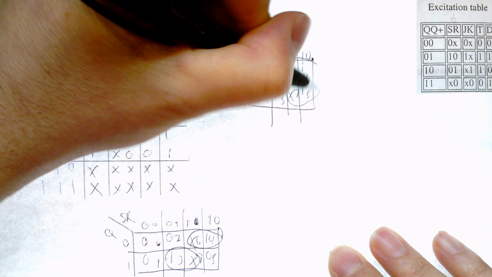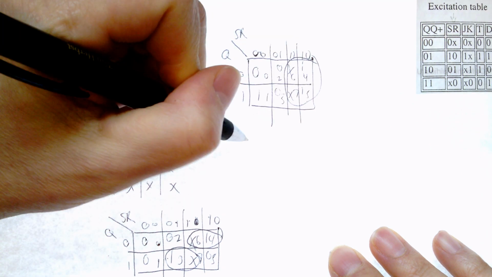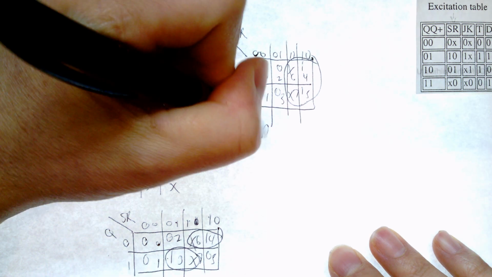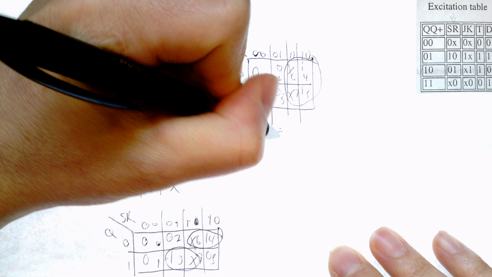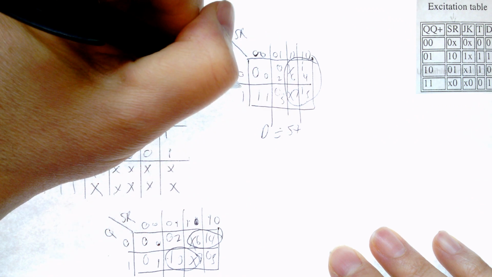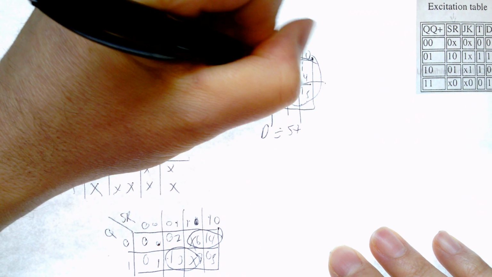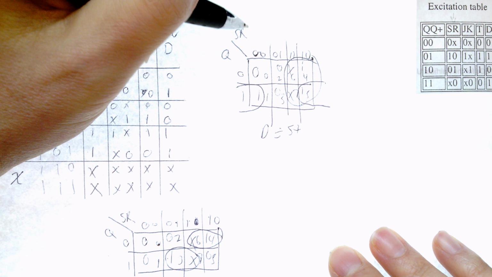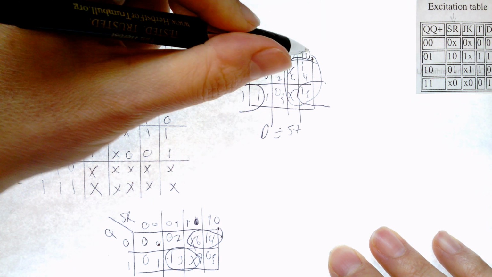Oh, I got a nice big loop in here. So what that tells me is that D is equal to S or, and we're going to loop in through here, R prime Q.